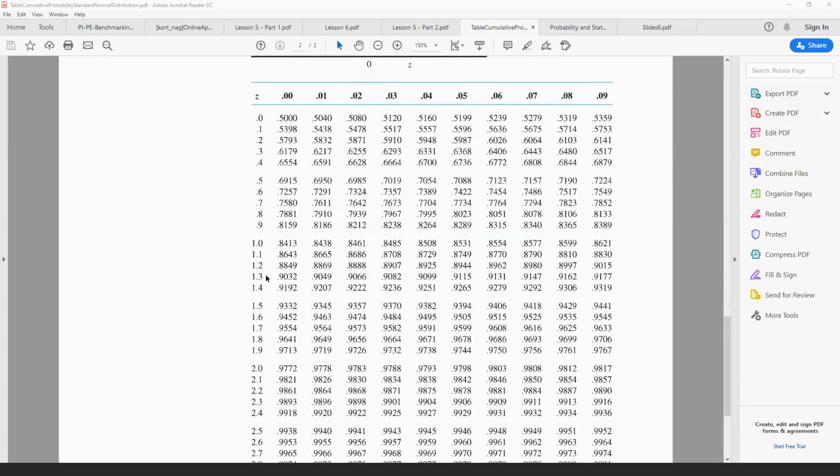As I told you, look, 1.27, it's here. So we can immediately get this result.